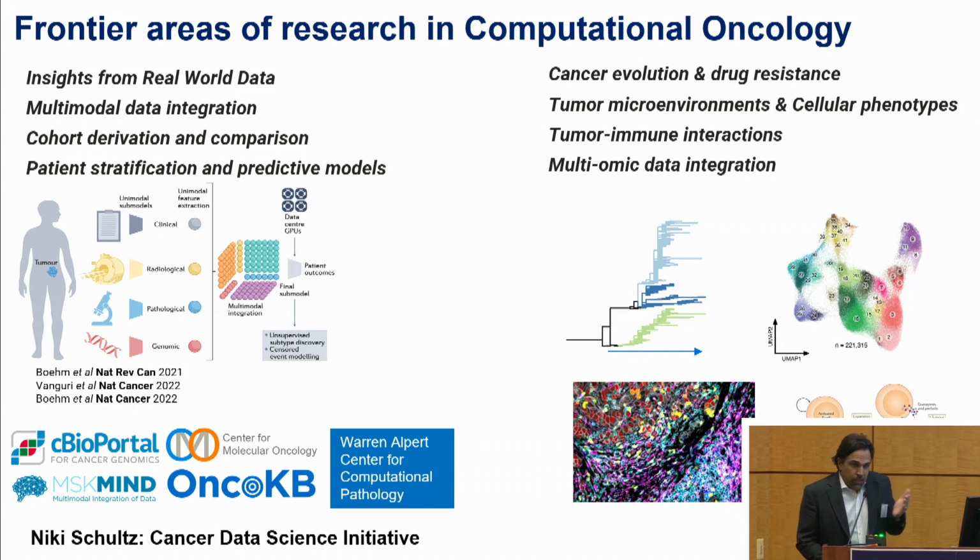So in order to understand how a tumor is going to progress, we really need to view it through the lens of cancer evolution. Of course, cancers then evolve in the context of their tumor microenvironments, and they acquire different cellular phenotypes. It's a dynamic process within one patient, even before treatment in disease natural history, and then after treatment with the selective pressure. And this invokes the idea that tumor cells interact with immune cells, and this has major implications, of course, for designing cancer vaccines, new immunotherapies, et cetera.